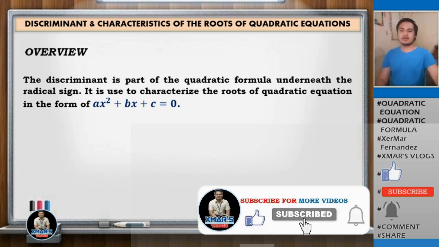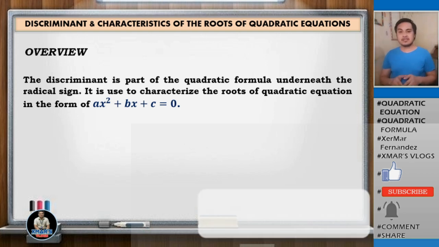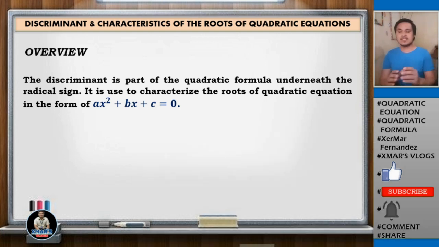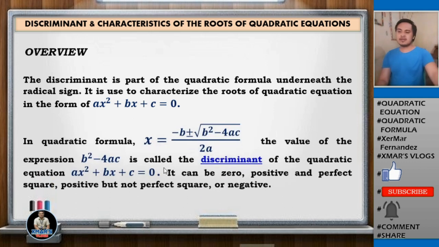It is used to characterize the roots of a quadratic equation in the form ax squared plus bx plus c equals 0. In the quadratic formula, x equals negative b plus minus square root of b squared minus 4ac all over 2a.